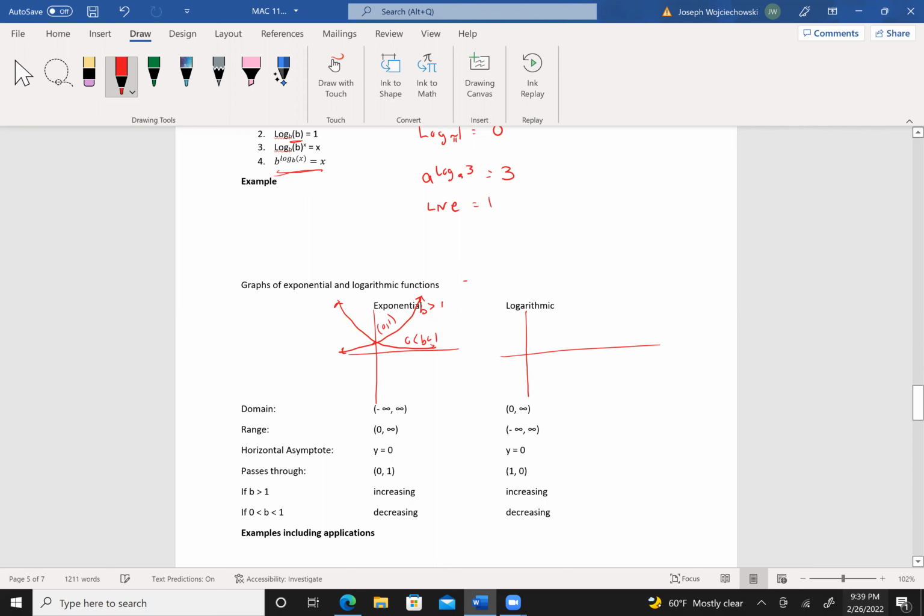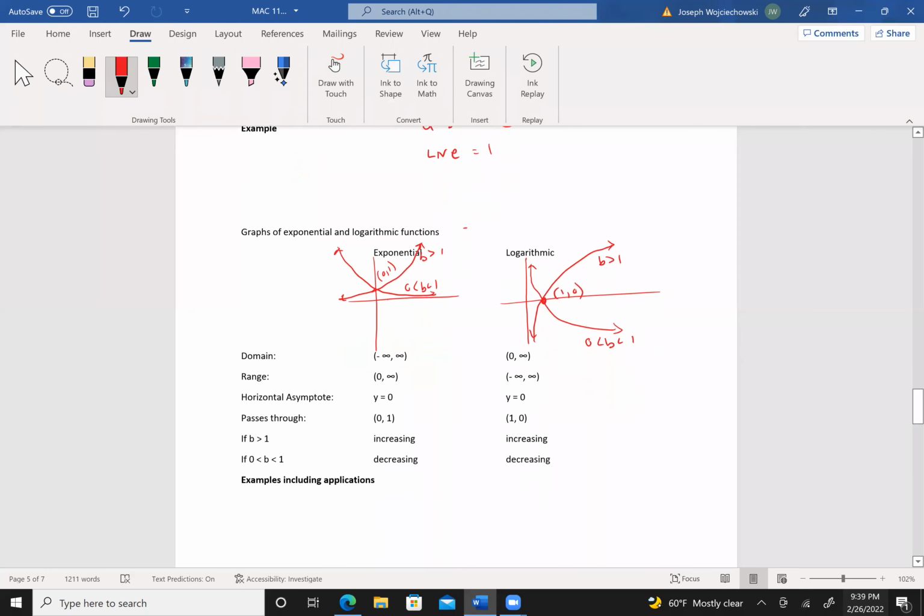A logarithmic function is going to look like this or like this. This one here is for b between 0 and 1. This one here is for b greater than 1. And this point here is 1, 0. So you can see that we replaced x with y. These two are inverses of each other.